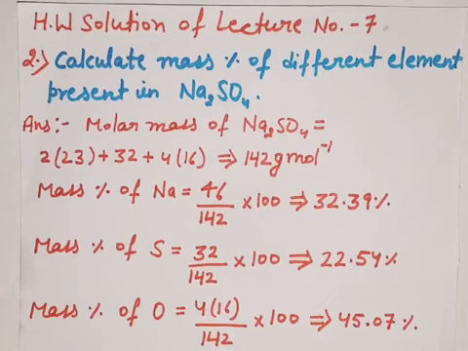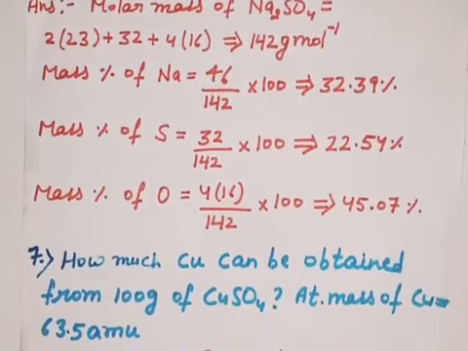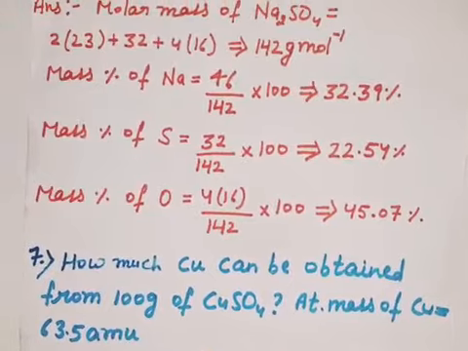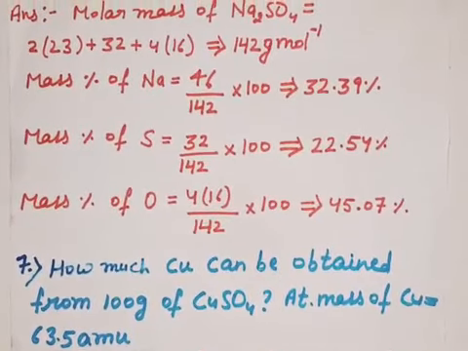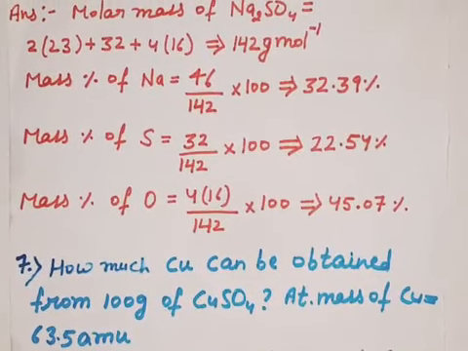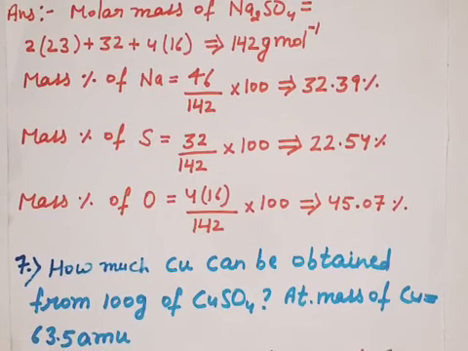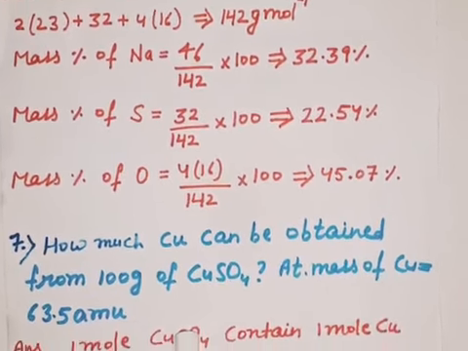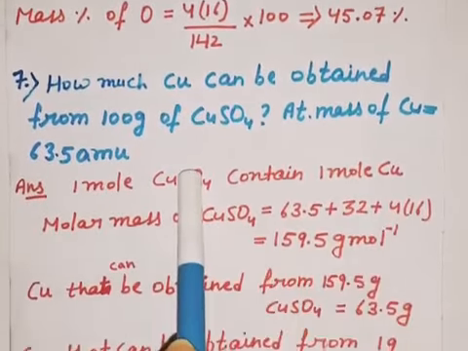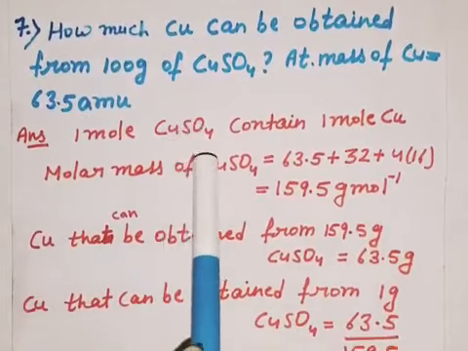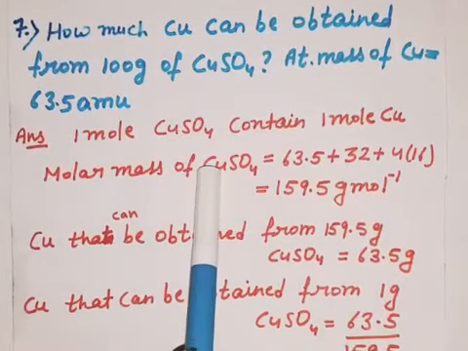Now we will move to the next question, question number 7. How much copper can be obtained from 100 gram of copper sulfate? The atomic mass of copper is given, that is 63.5 atomic mass unit. First of all we will calculate the molar mass of copper sulfate.